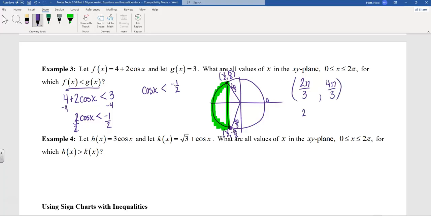Or this could be written as 2 pi over 3 less than x less than 4 pi over 3. Does not matter to me which way you give your answer, but you need to be able to recognize both. If that had been greater than, we would have chosen the right side of that vertical line.